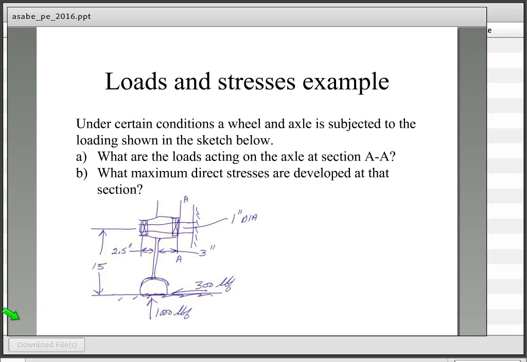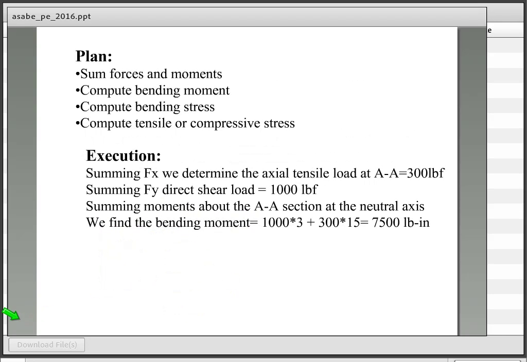In our planning for the solution, we're going to sum forces and moments. We want to ultimately get to the bending moment, and the bending stress, and the tensile or compressive stresses in the axle, so that the tensile or compressive loads would be combined with the bending stress on the part.